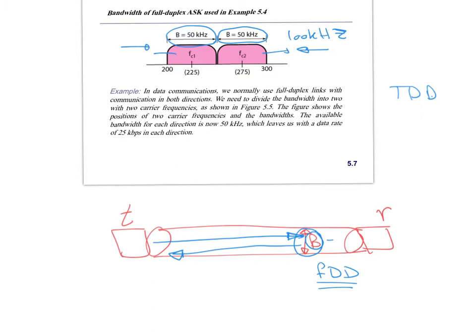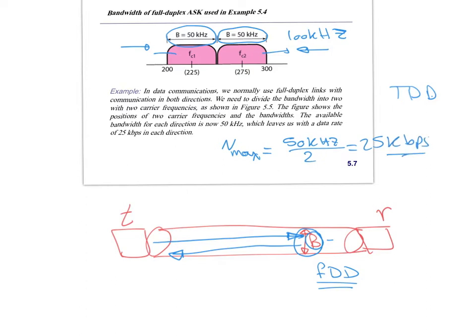So in that case, the bandwidth for one direction will be, of course, 50 kilohertz, in which case the N, or the maximum bit rate for one direction only, will be 50 kilohertz divided by 2, which is 25 kilobits per second.